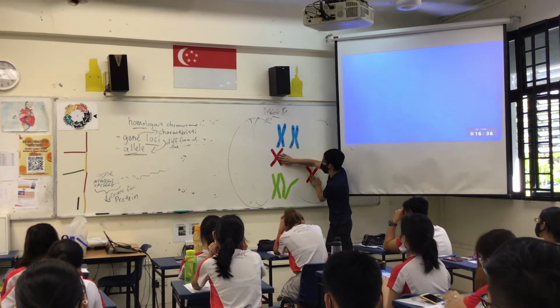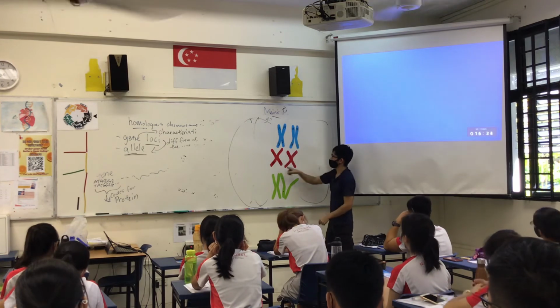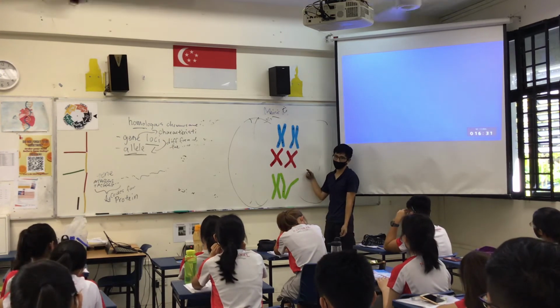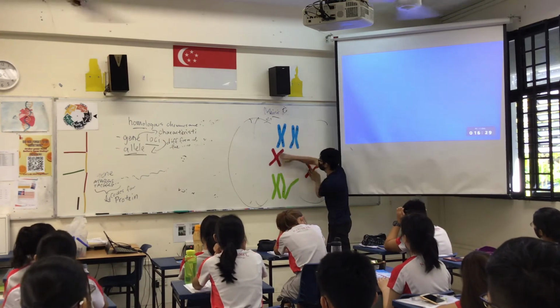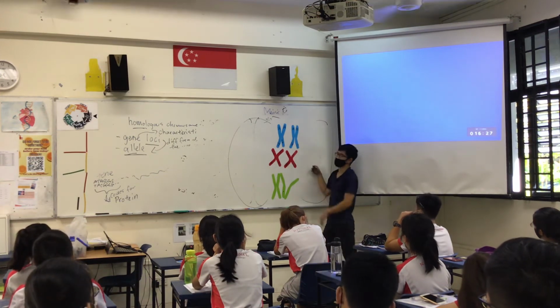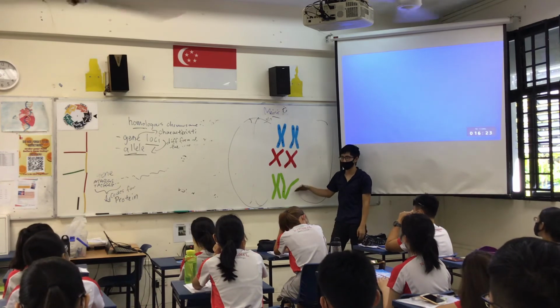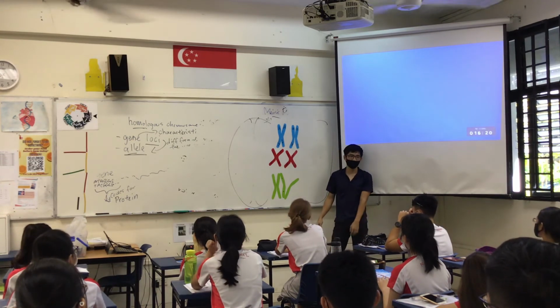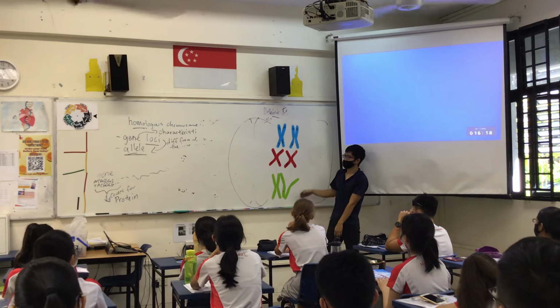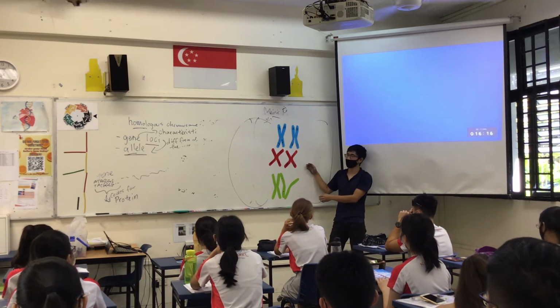It could arrange itself this way, big D, small d, or it could arrange itself this way, small d, big D. How each pair of chromosomes arranges itself is independent of each other. That's what independent assortment of chromosomes is.